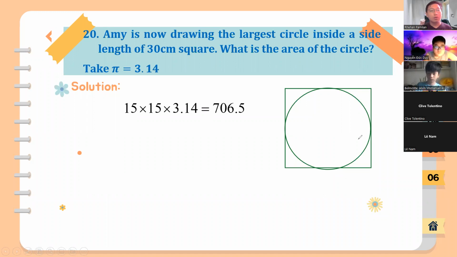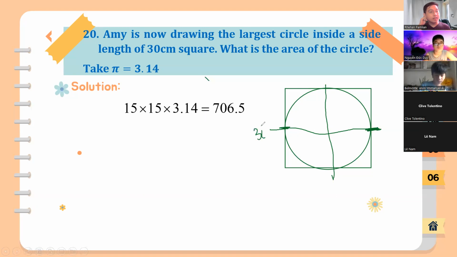If you notice this part here, or these lines here, you would see that the circle's diameter is basically bisecting the side lengths of a square, correct? So basically you can divide it by 2.